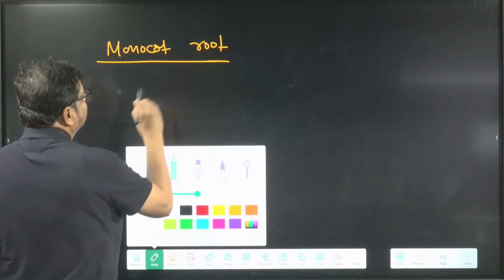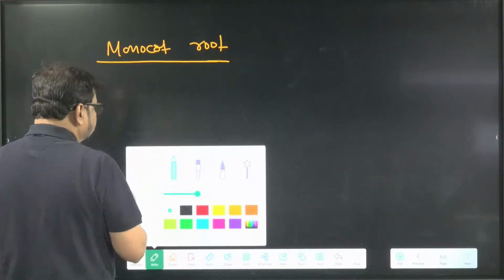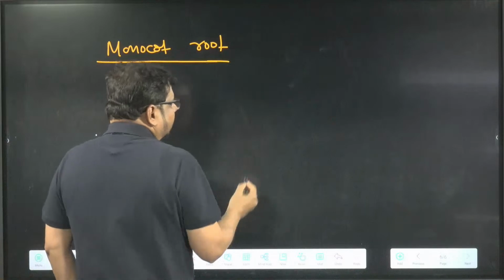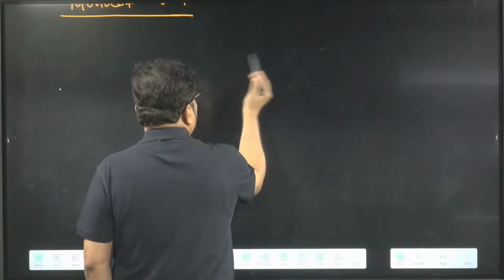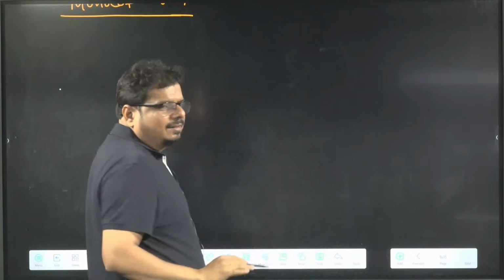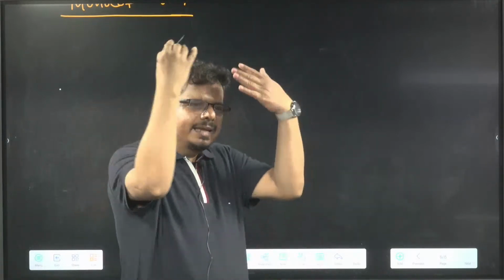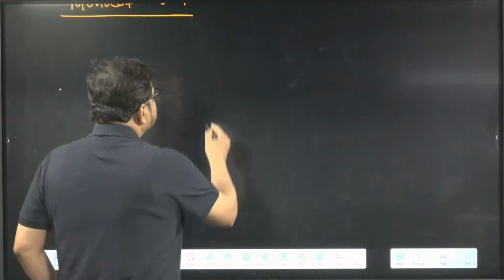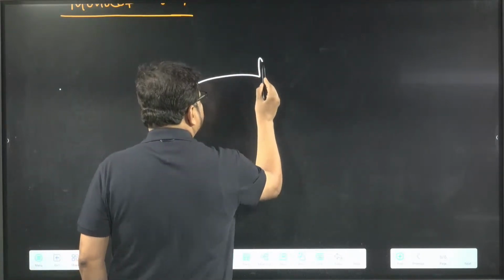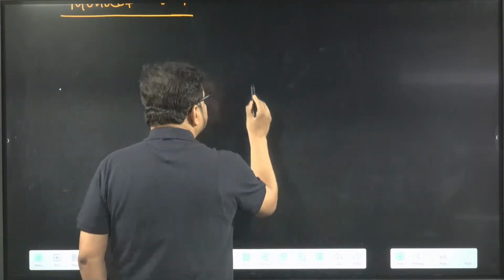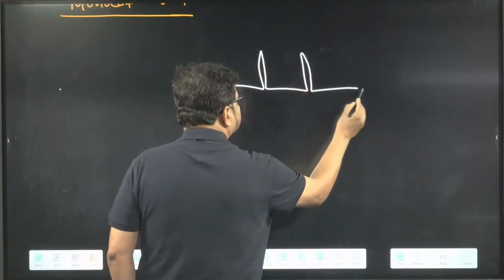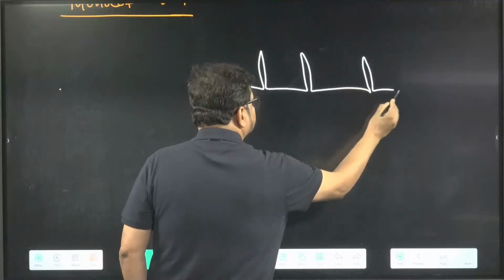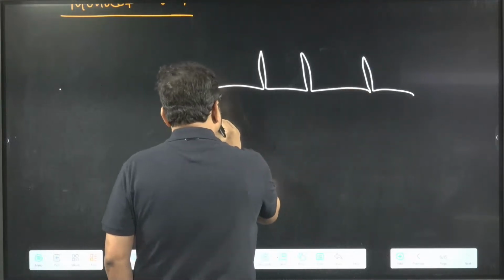So, monocot root. Look, I am drawing it. No need to go for more explanation. Where I am not explaining, think of it as like dicot. Look here, it is epidermis.